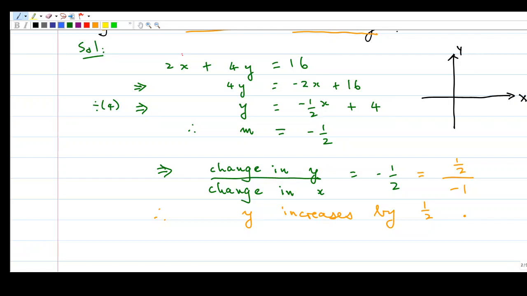So you'll get 2x is 16, so x is equal to 8. That's your x-intercept. Your y-intercept, set x equal to 0, 4y is equal to 16. So y is equal to 4.